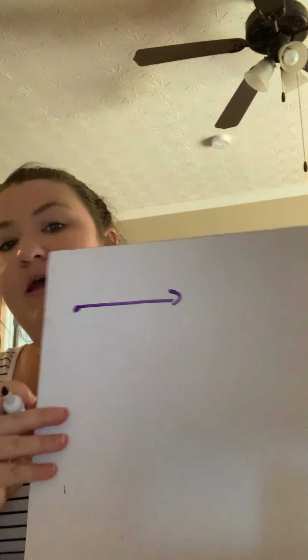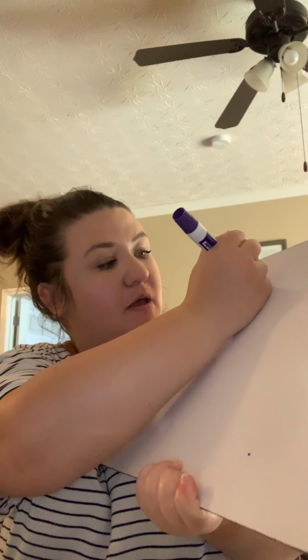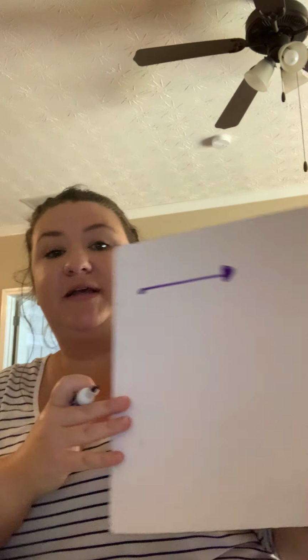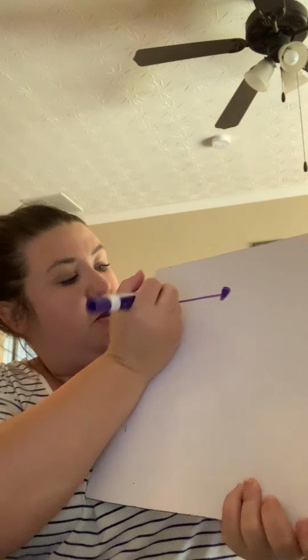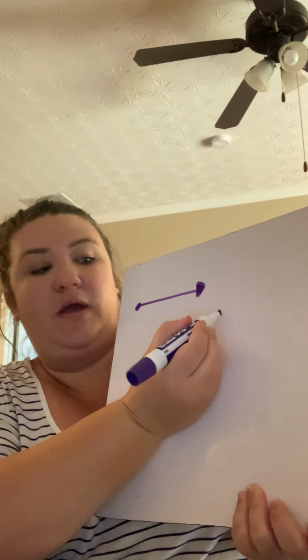So we know a ray looks like this, right? We have the dot here and we have the arrow here.